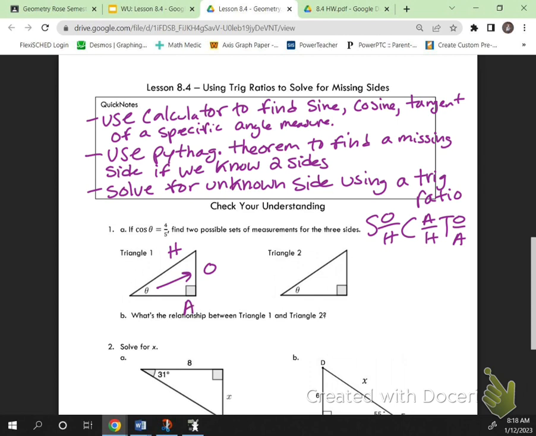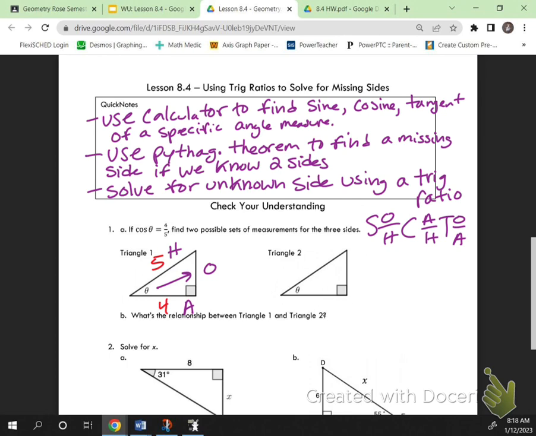Where should I put 4 and where should I put 5? 4 is my adjacent. 5 is my hypotenuse.